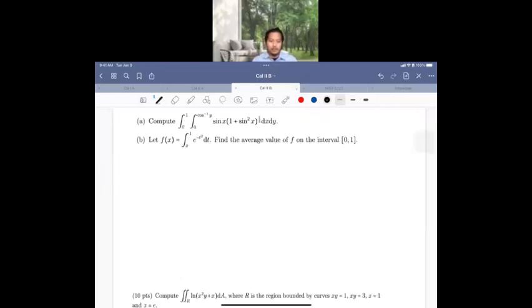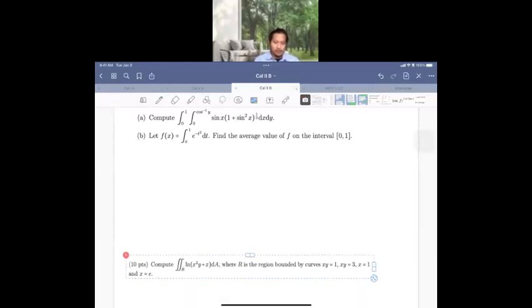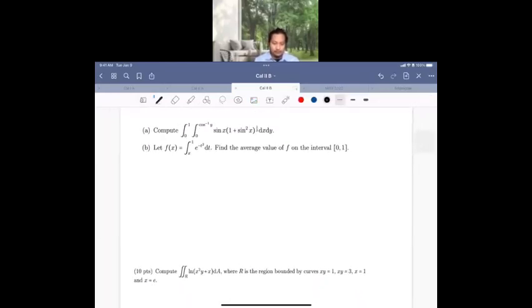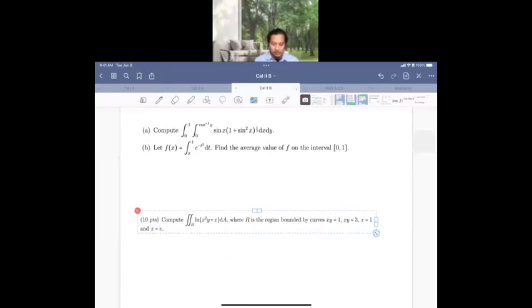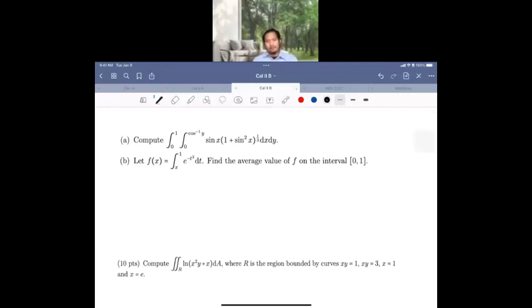But let's say we are starting with the top question here. I hope you still remember what the average value means. I think if you want to start, you can start with the average value. I think that's maybe simpler than the first one.